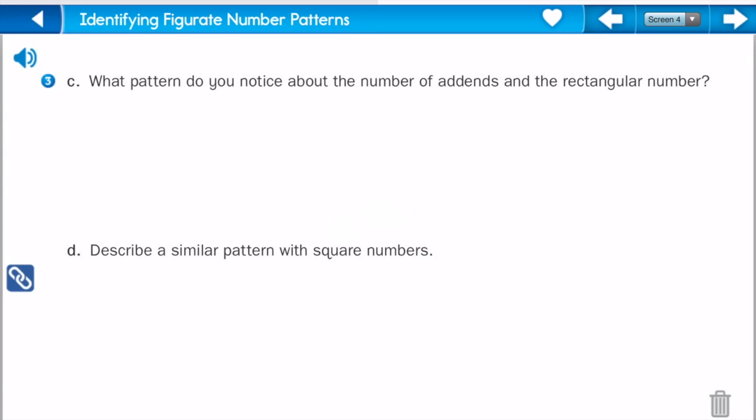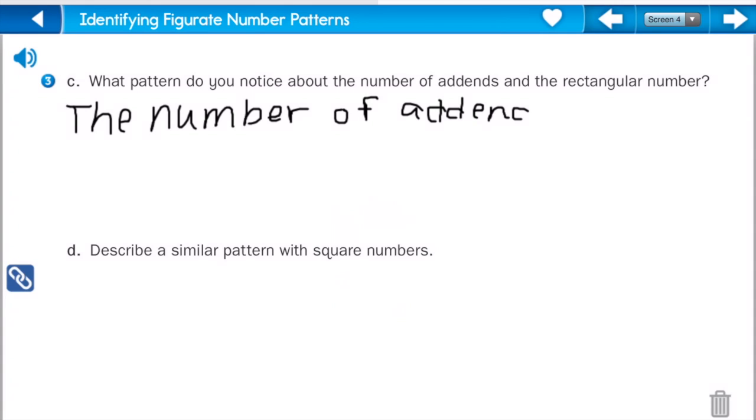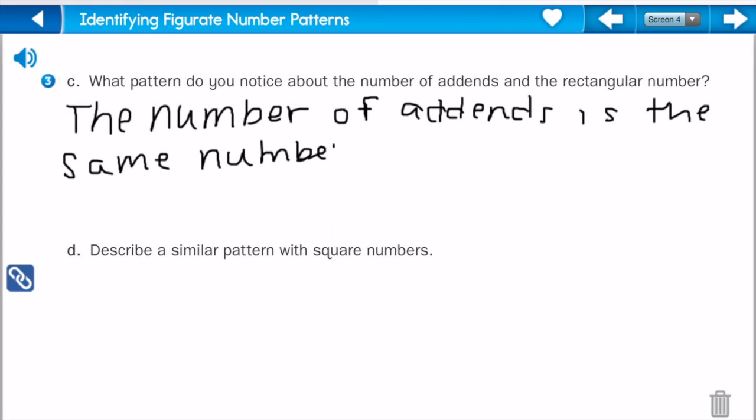So, the pattern would be that the number of addends is the same number as the rectangular number.